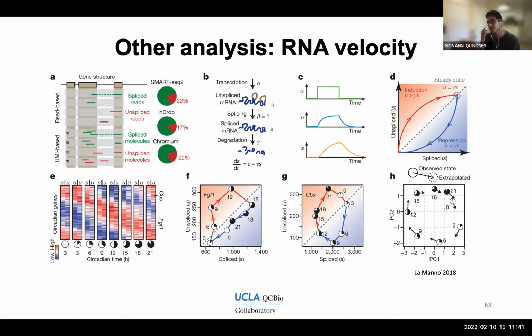But just to briefly overview the concept of RNA velocity, I should start by asking how many of you are familiar with the concept of RNA splicing? Can we do a show of hands? Okay, we have a few people.